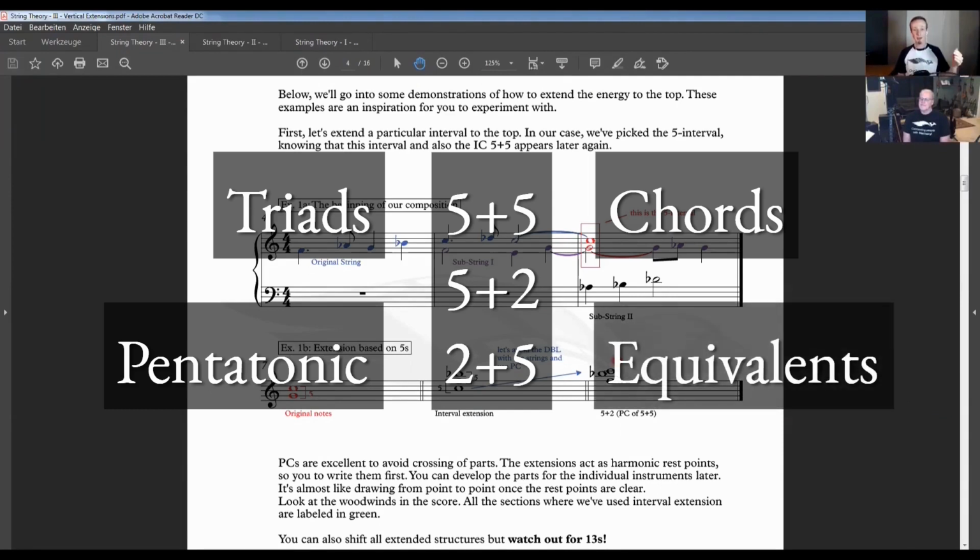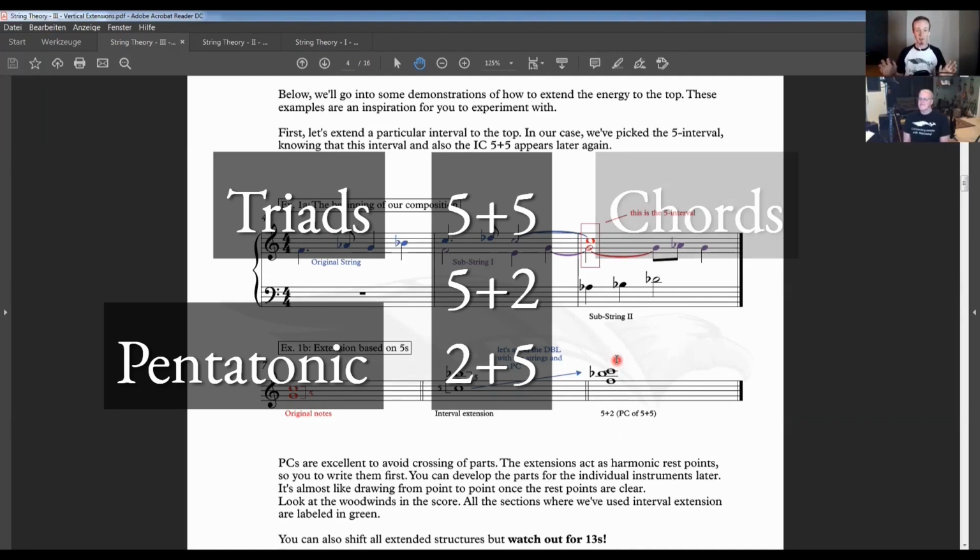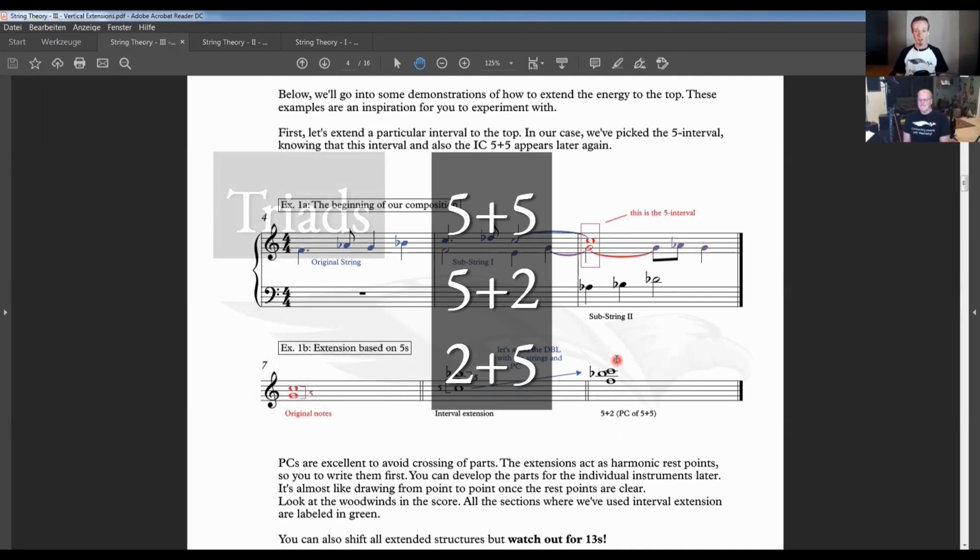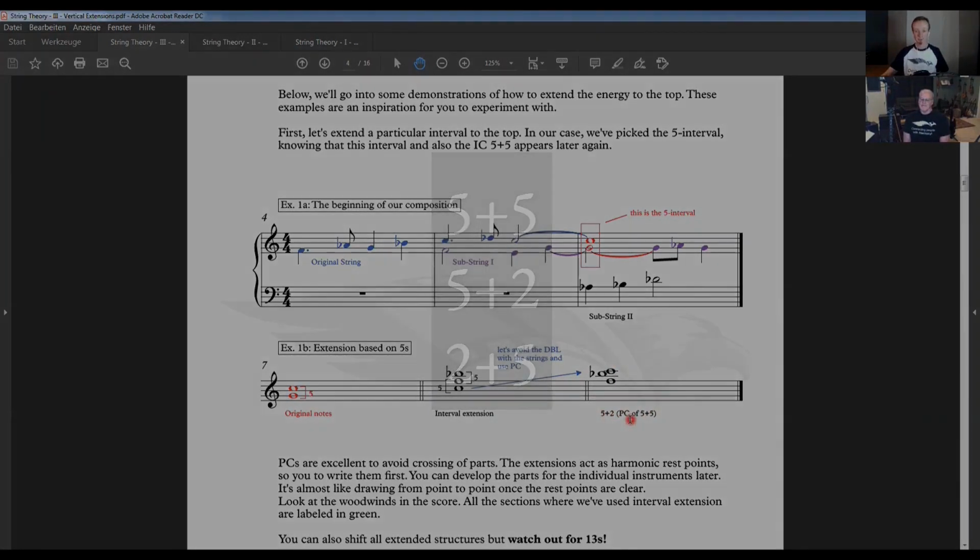Let the 5+5 move to a 4+4 chromatically. Then you have your portal. Even better. You can open up so many opportunities and options for creating more related material around this interval. And for this moment right here, just remember that a 5+5 equals a 5+2 or a 2+5.